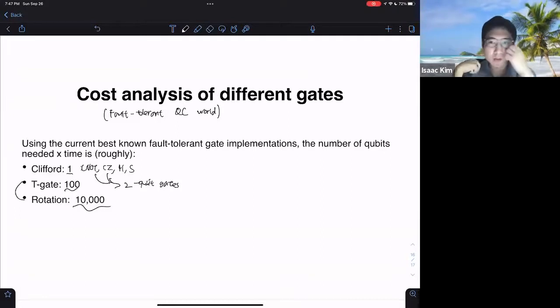That seems like the most obvious thing to do, but I think it's fair to say that now, we will still be interested in implementing this unitary evolution generated by some Hamiltonian.